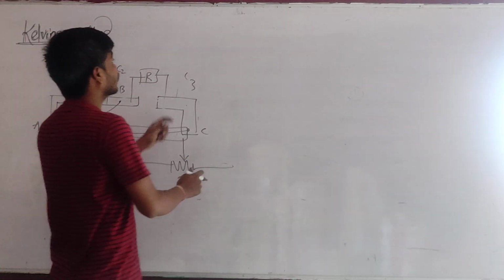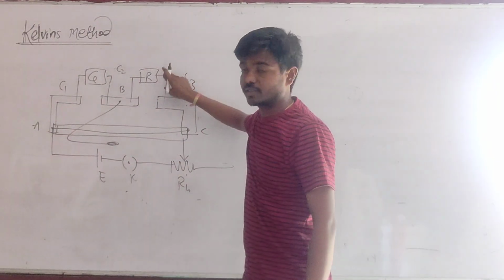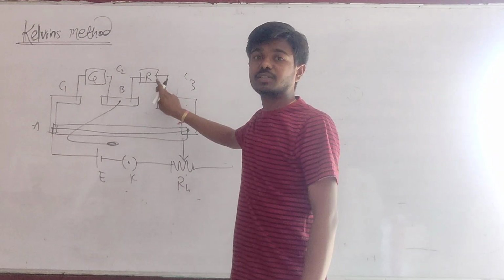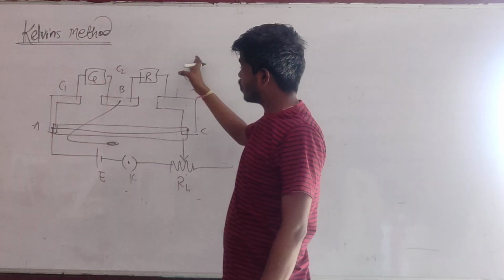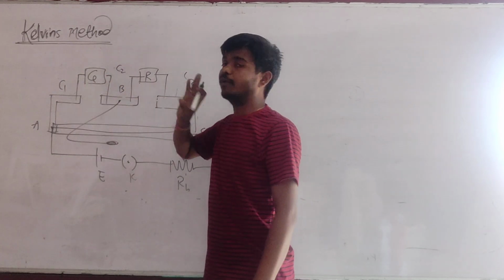So the first point of the working is to remove a certain resistance from the resistance box. The galvanometer shows a certain deflection.